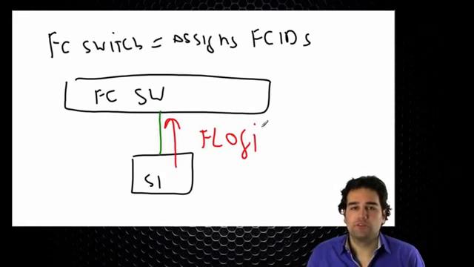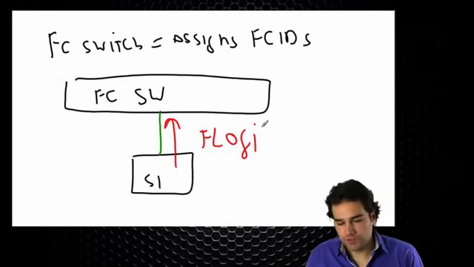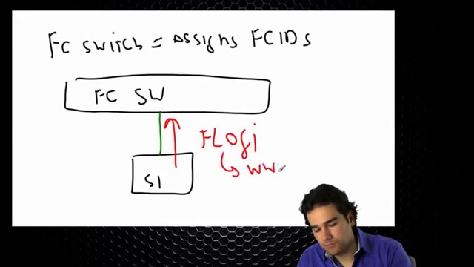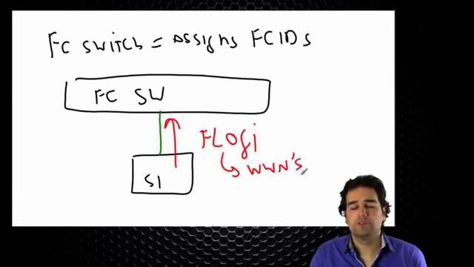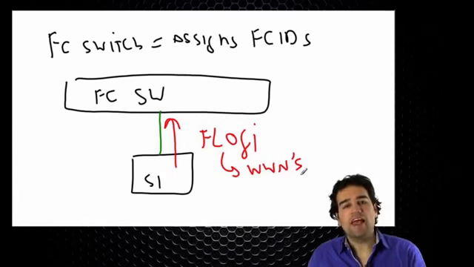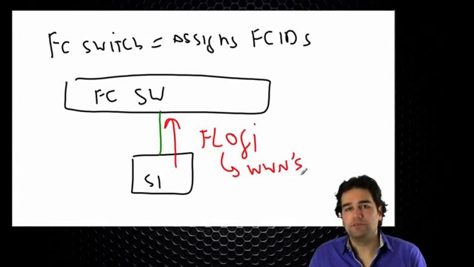What will it do during the FLOGI? It will first of all say, hey, this is me. These are my worldwide names, so port worldwide name and node worldwide name. Then it will ask for an FCID, or actually the switch will just give it an FCID.